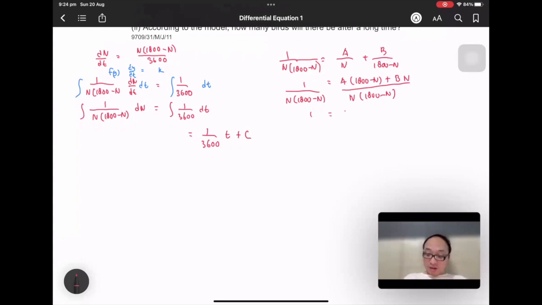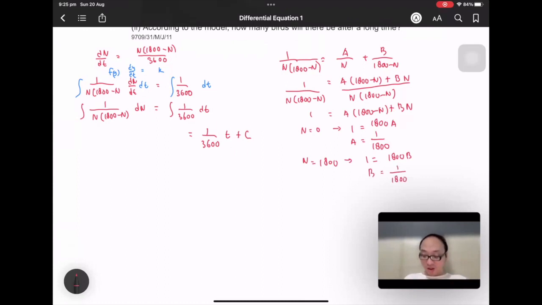So 1 equals a(1800 minus n) plus bn. When n equals 0, I will have 1 equals 1800a, so a equals 1 over 1800. When n equals 1800, I will have 1 equals 1800b, so b is 1 over 1800.